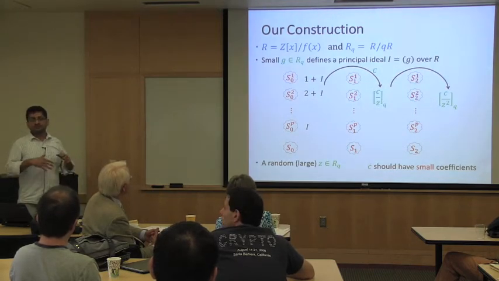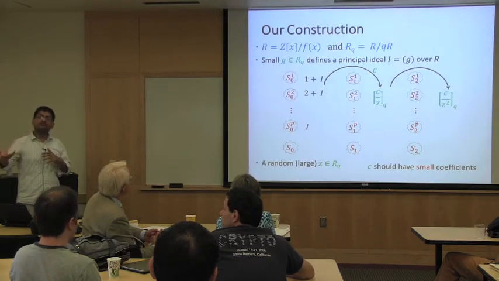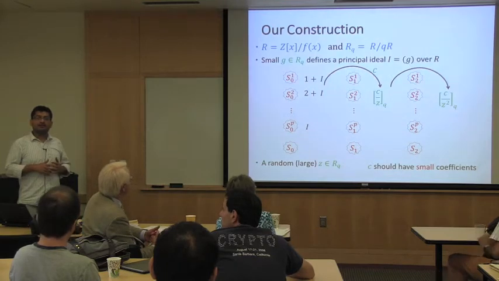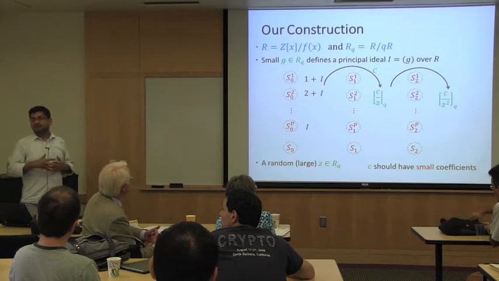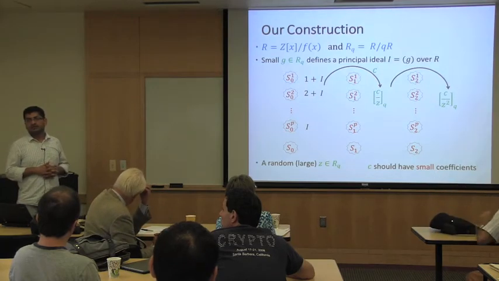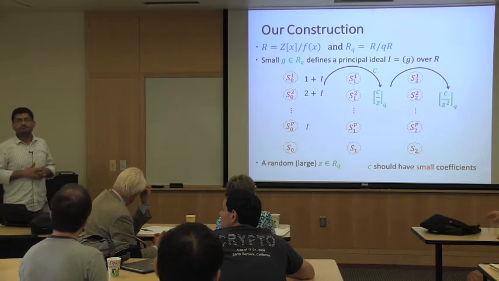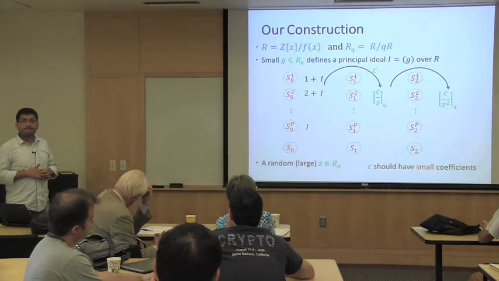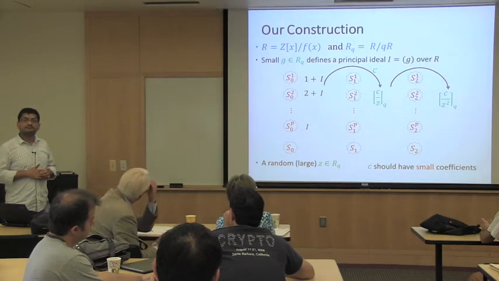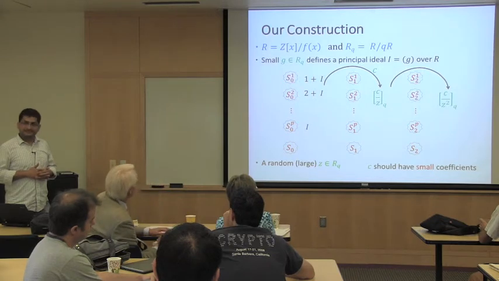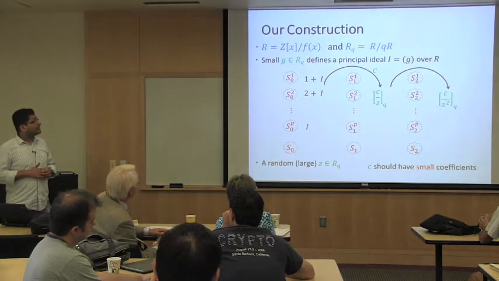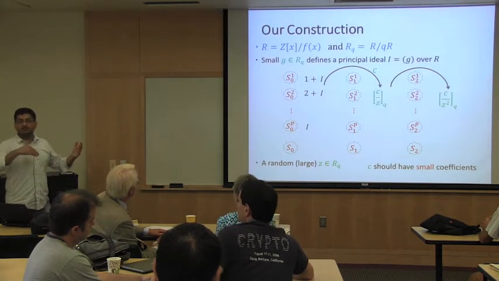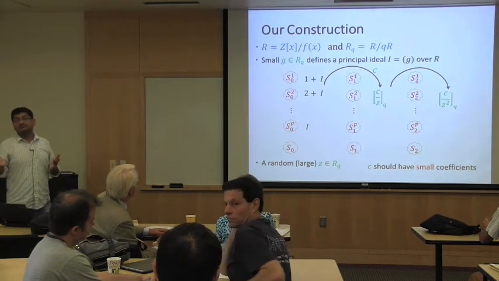Z inverse is not in R, right? If you start doing operations in RQ, Z inverse is in RQ, not in R. If you pick Z randomly, it's going to be, with high likelihood, not in R. In R it doesn't even make sense to take its inverse.